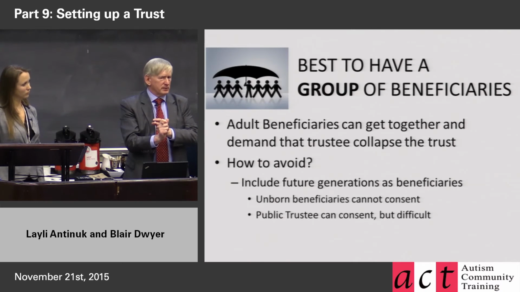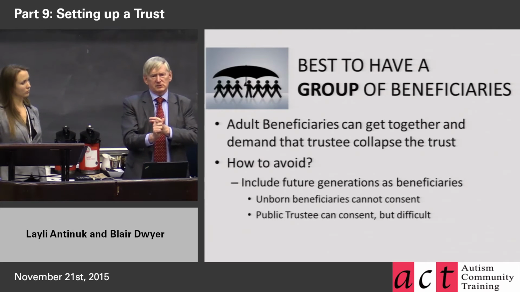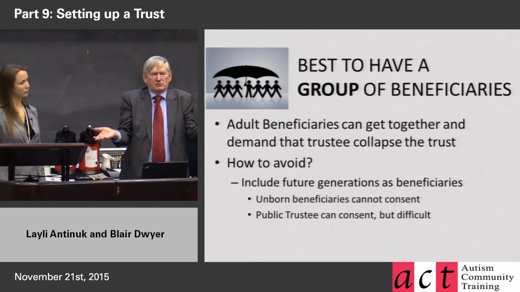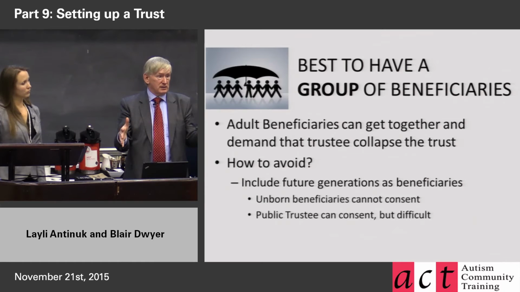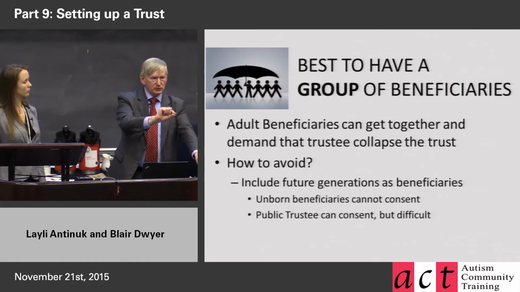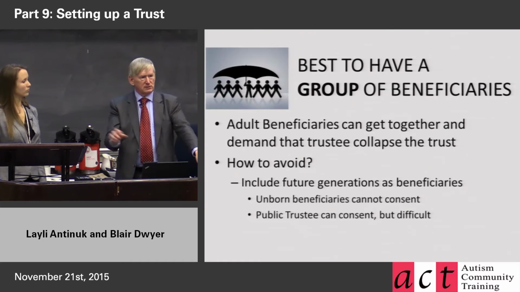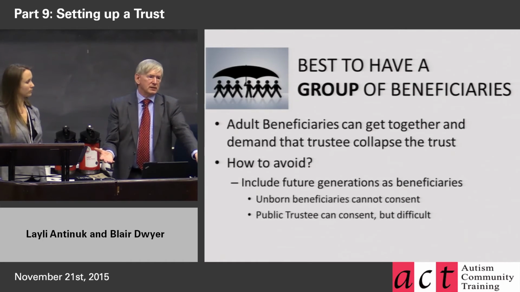You would have to go to the public trustee and get the public trustee to terminate the trust, but the public trustee is going to say, well, why am I going to terminate the trust? I want something for my clients, which are the unborn beneficiaries, so you're going to have something extra for them. So it makes it a lot harder. So that's why you always have, if so-and-so dies, then it goes to so-and-so. So you always have other beneficiaries, preferably who aren't born yet.